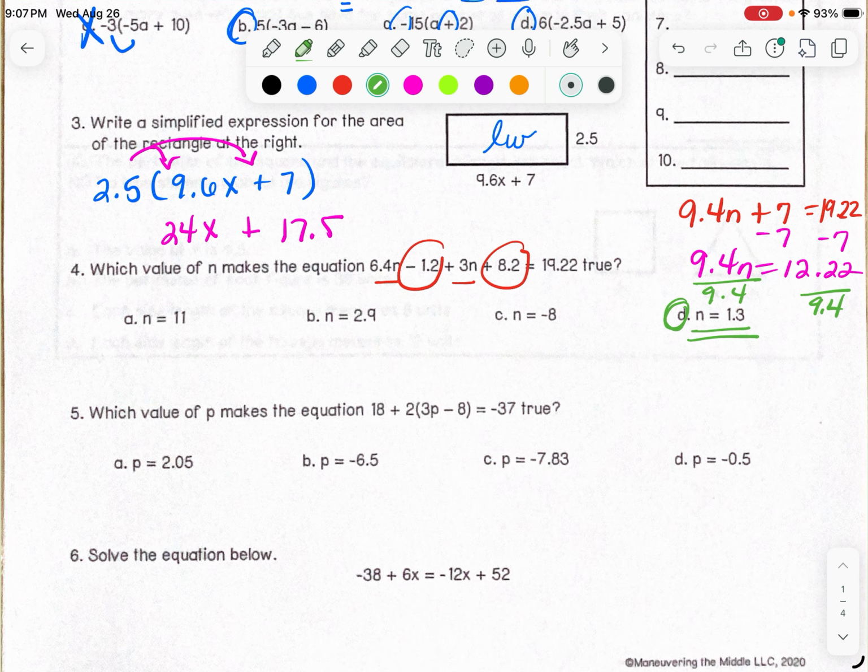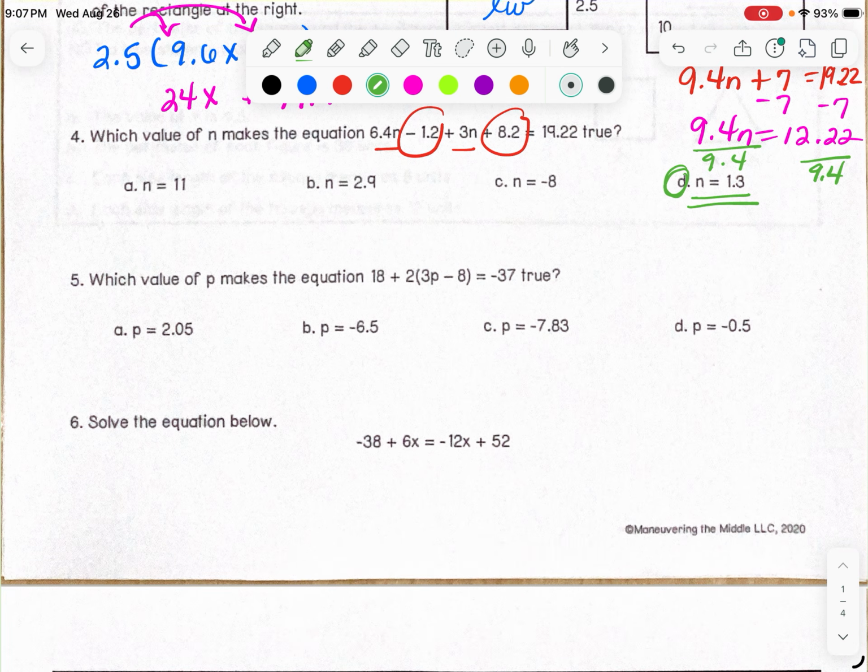All right, number 5, which value makes the equation true? Again, this is a multi-step. This time we have the distributive property. Everybody loves the distributive property. 18 plus 6p minus 16 is negative 37. This time I have like terms here. My constants are like. So that's going to give me 6p plus 2 is negative 37.